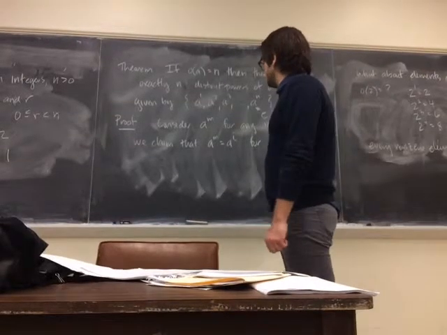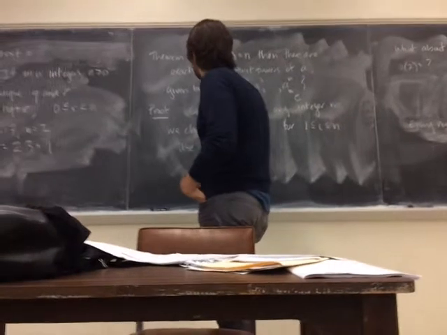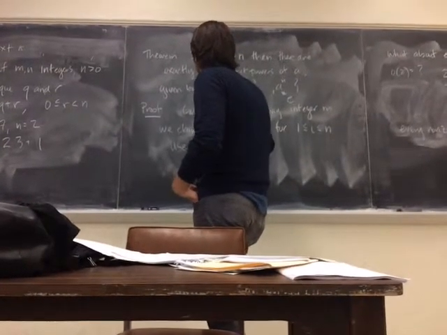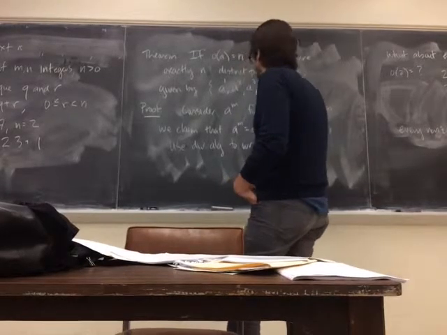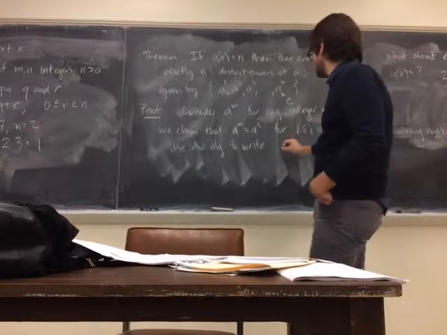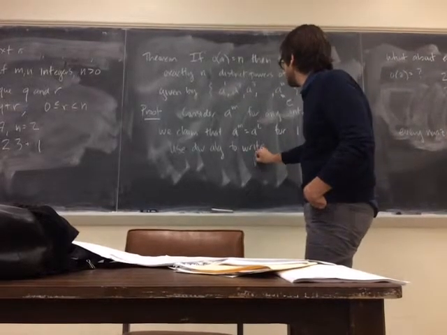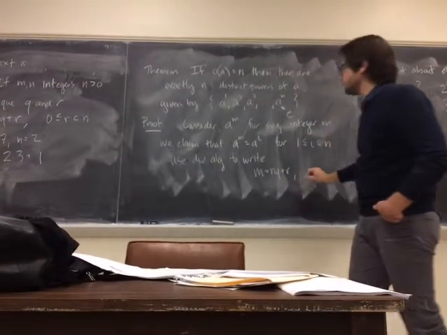Okay, well, how do you do that? I'm going to divide m by n. So use the division algorithm to write m as nq plus r. Okay, good, my letters are matched up here.